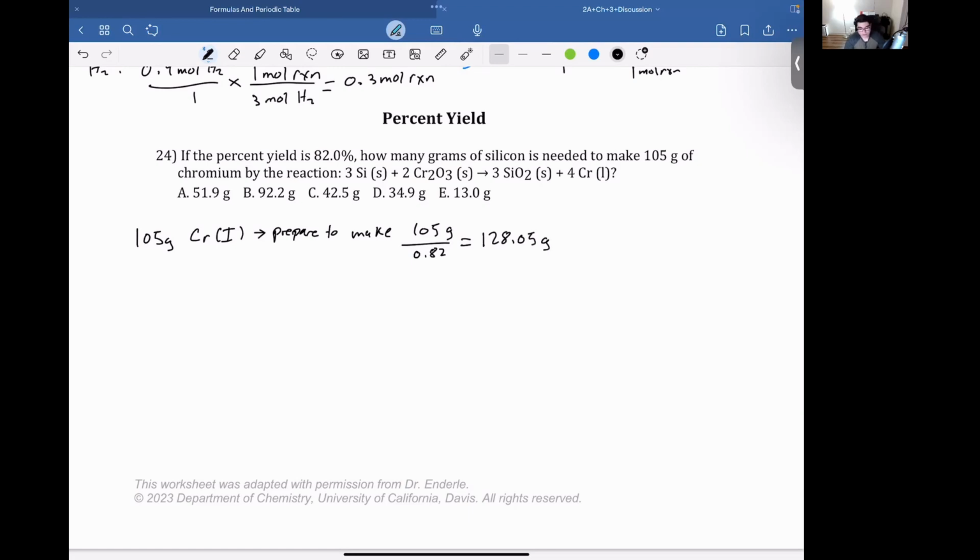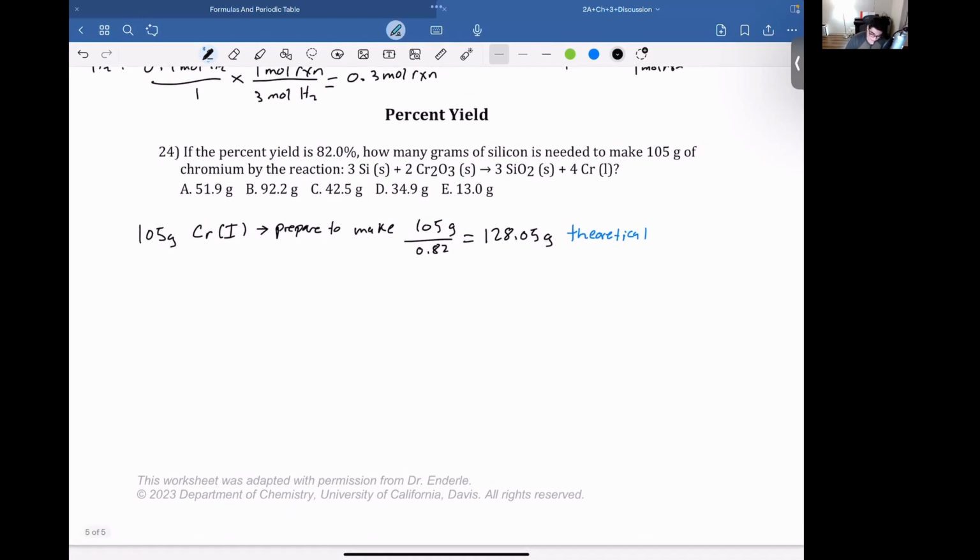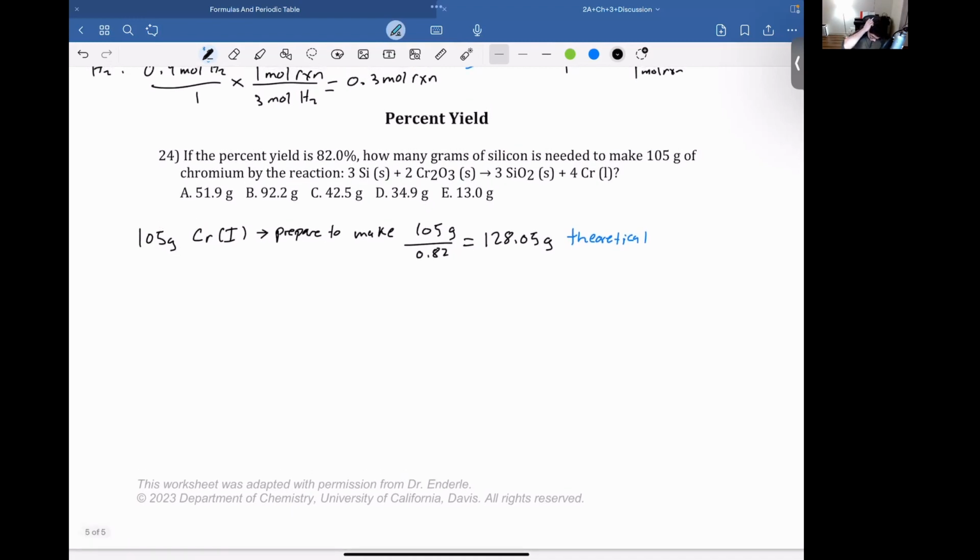You must prepare to make 128.05 grams, right? That's your theoretical yield. Again, it's because your yield is less than 100, so you have to prepare to make more, right? If you want that much. And then you're just going backwards here.